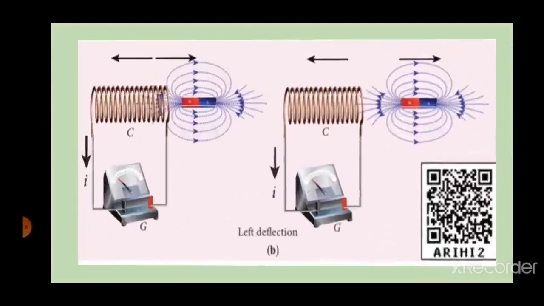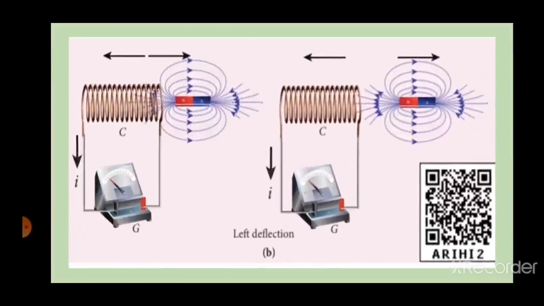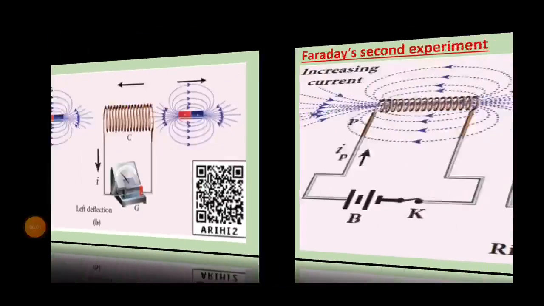Similarly, when I move the magnet away from the circuit, the galvanometer also shows deflection in the opposite direction. So whenever the bar magnet or circuit moves, we get deflection in the galvanometer. So students, there is deflection in the galvanometer when there is relative motion between the coil and bar magnet.